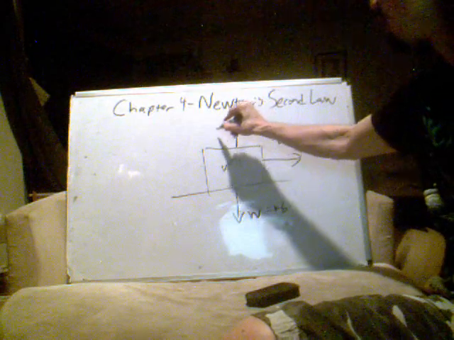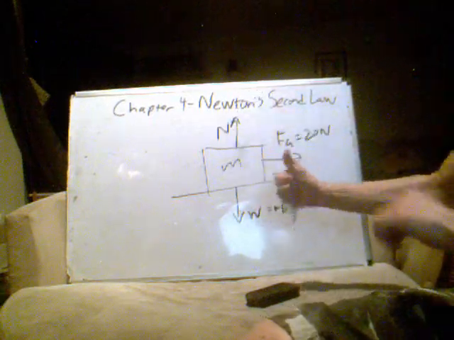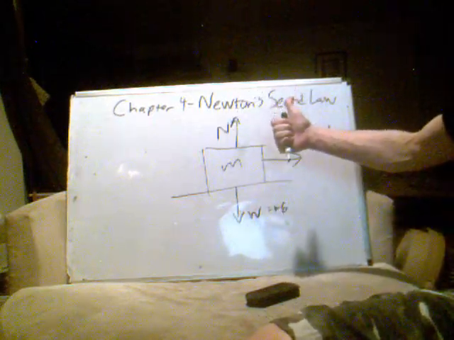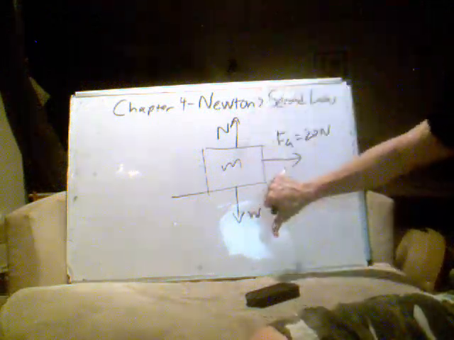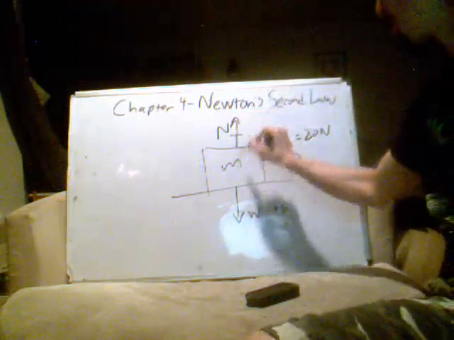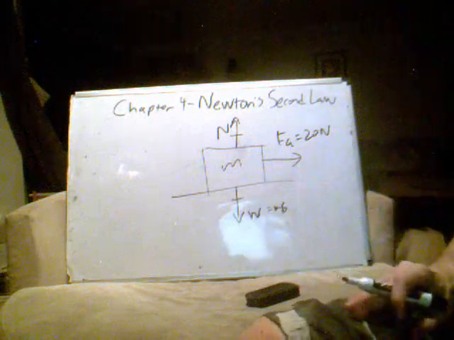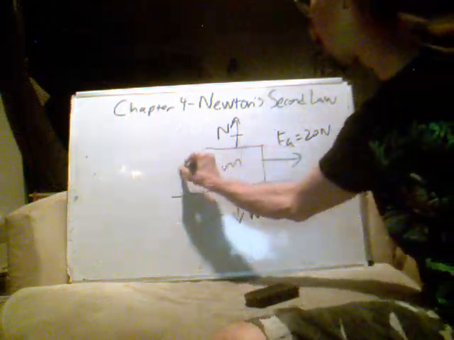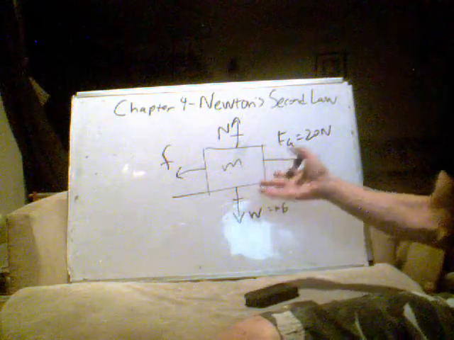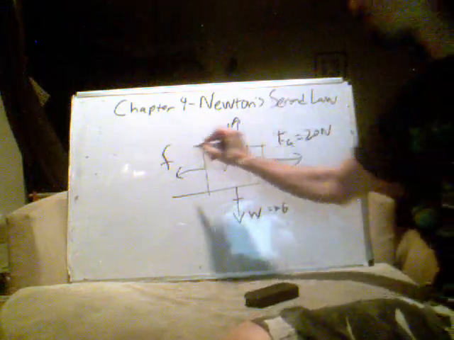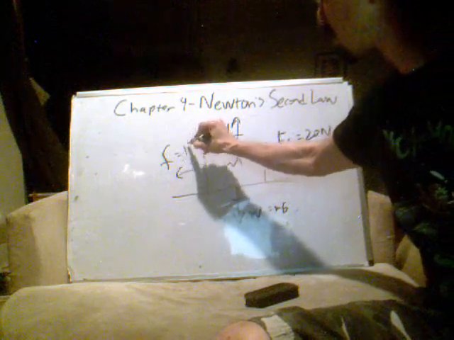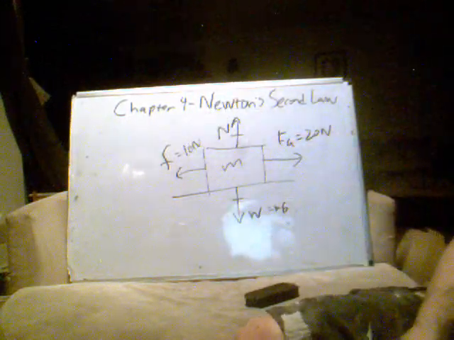Obviously also the normal force is going to be acting upward, right? Because this object is neither flying up into space or falling through the earth. So these two have to be equal in magnitude and opposite in direction. Let's say there's also a frictional force that is slowing this down, right? You push, friction is going to resist. Let's say that the frictional force is something like 10 newtons.